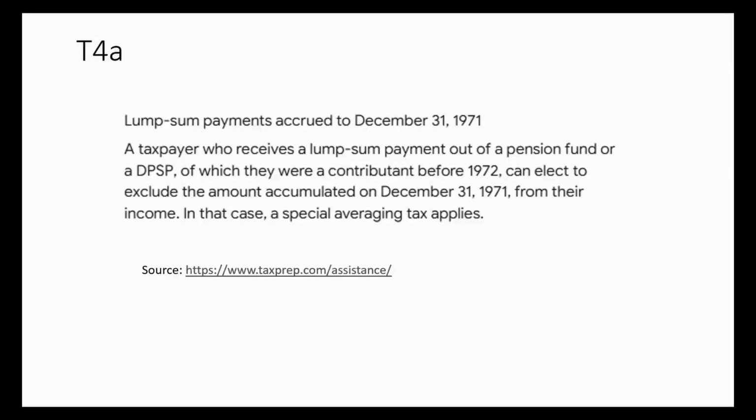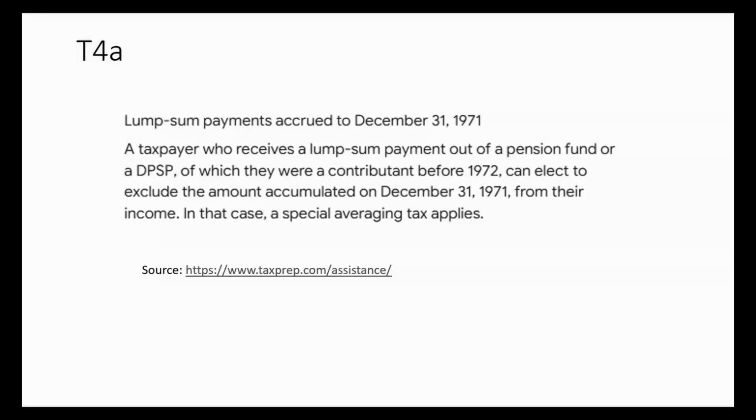Apart from that, you also have lump sum payments accrued to December 31st, 1971. A taxpayer who receives a lump sum payment out of a pension fund or a DPSP, a deferred profit sharing plan, where your employer, for example, offers you stock benefits.